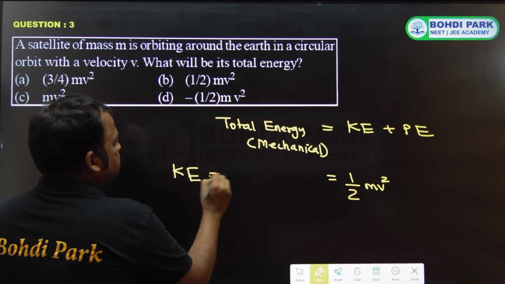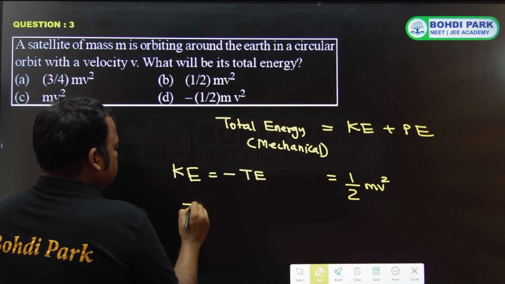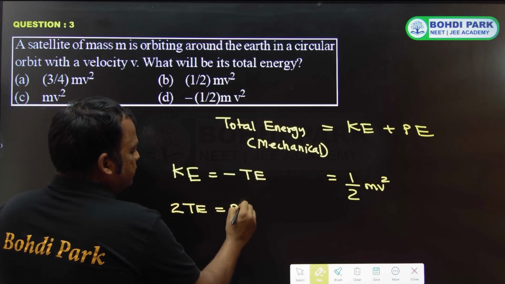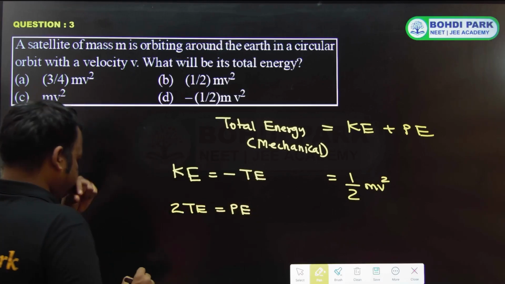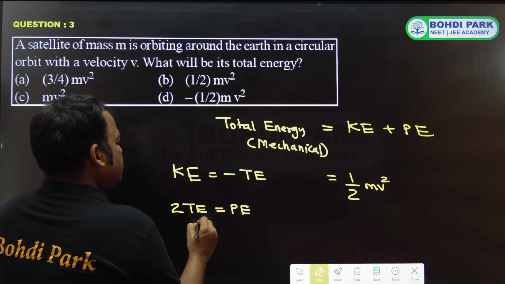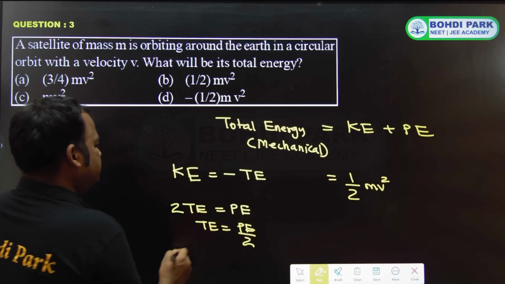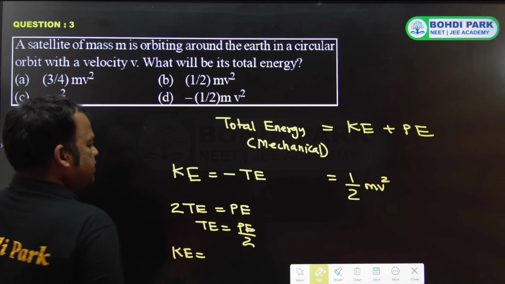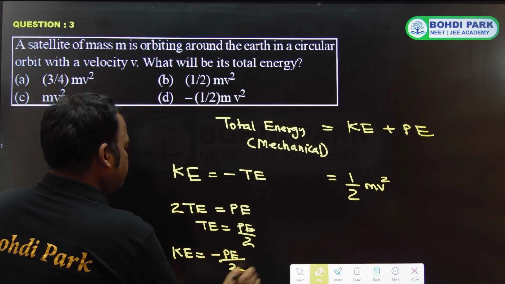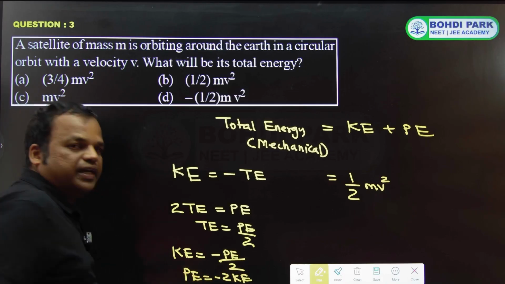Kinetic energy is equal to minus of total energy, and 2 times of total energy is equal to potential energy. So we have total energy is equal to potential energy by 2. So kinetic energy is equal to minus of potential energy by 2, or potential energy is equal to minus 2 times of kinetic energy.